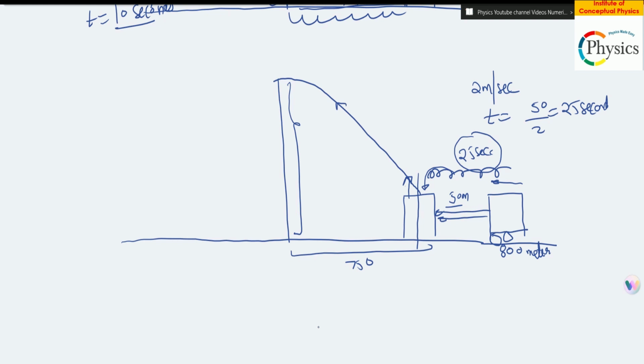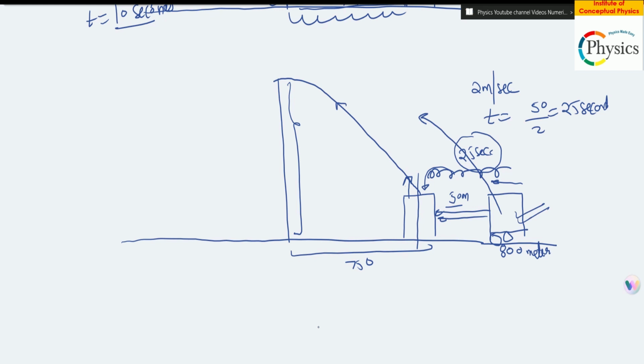The biggest mistake you will make is if you start firing it from this place, then it becomes very difficult to understand what exactly is to be done. Although the significance of 2 meters per second gets lost, since this cannon is moving, it would have been rather difficult for you to solve this.